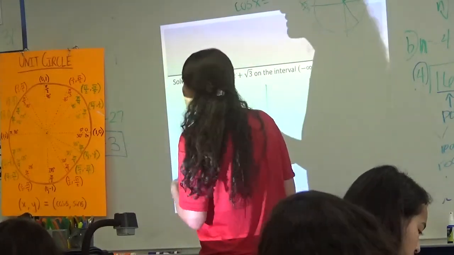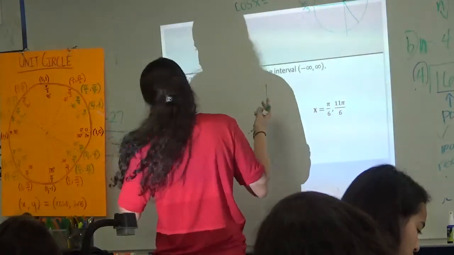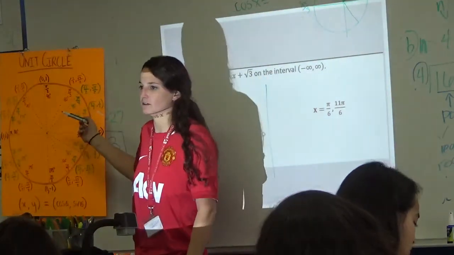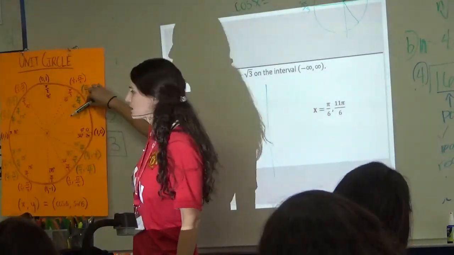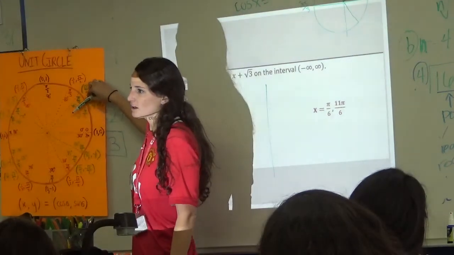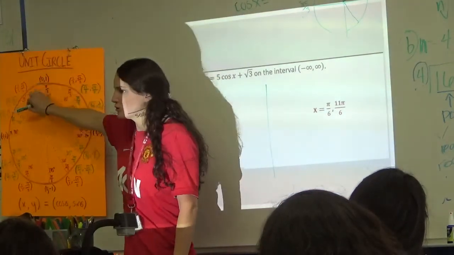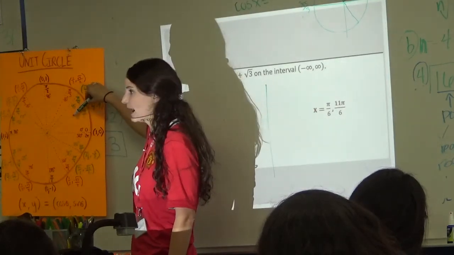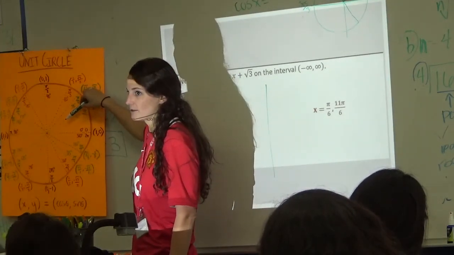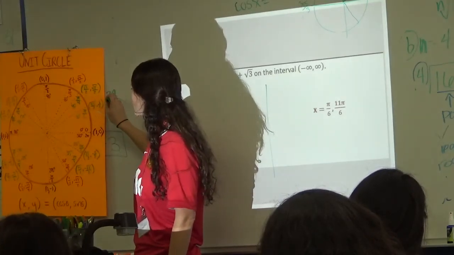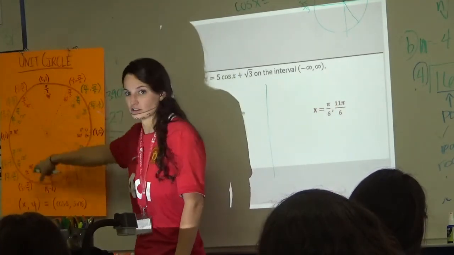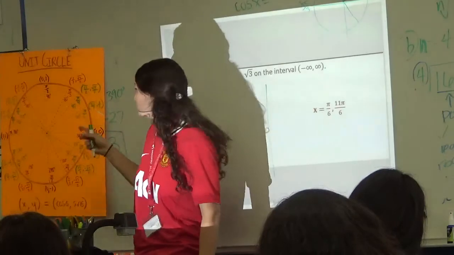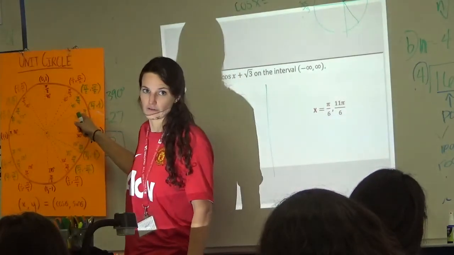If I'm sitting here at pi over 6, or let's do degrees to make it a little more friendly, if I'm at 30 degrees, and I walk a full 360 degrees around, I'm going to end up back at 30 degrees, right? So when I'm at 390 degrees, 30 plus 360, I also have a cosine value of root 3 over 2.